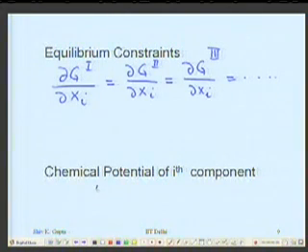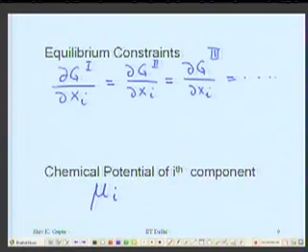So the chemical potential of the ith component in phase 1 is the same as in phase 2, the same in phase 3, the same in phase 4, the same in phase 5, and so on.